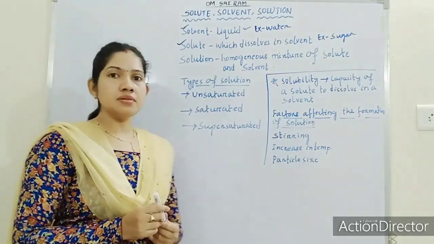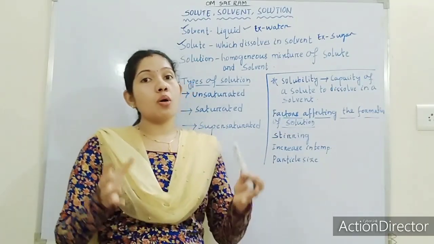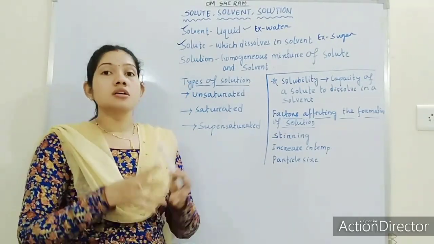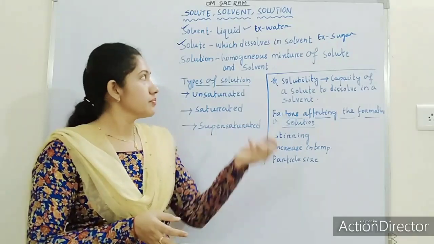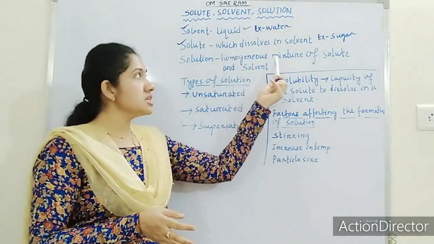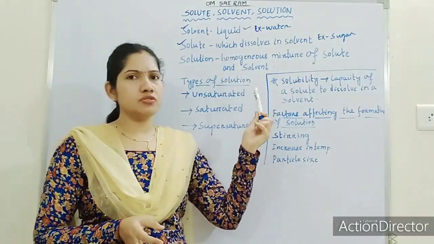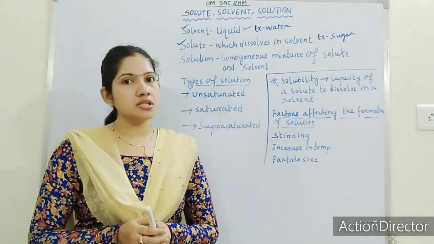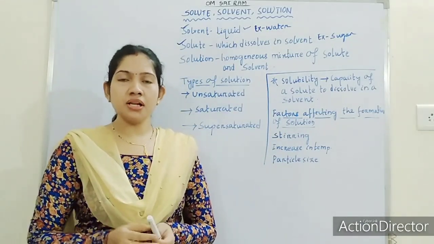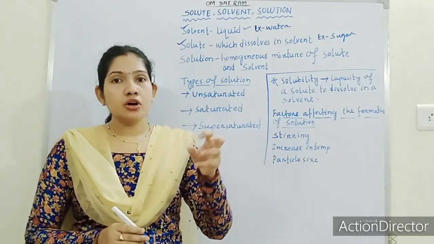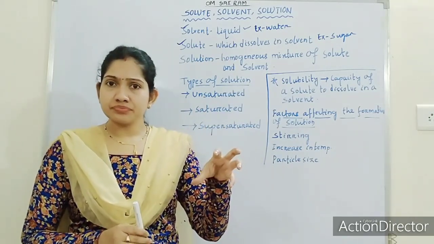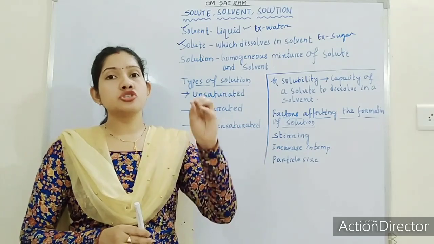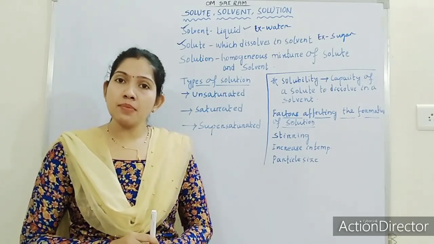What is a solution? A solution is the combination of solute and solvent. We can write: homogeneous mixture of solute and solvent. If you all remember, we had discussed homogeneous and heterogeneous. Here I can give you an example. If you add mud, or sand, or chalk powder in water, then what will happen?